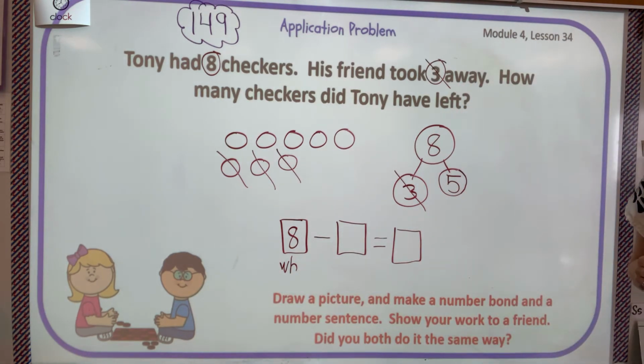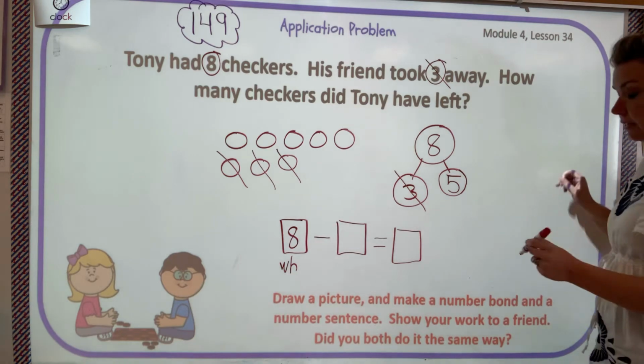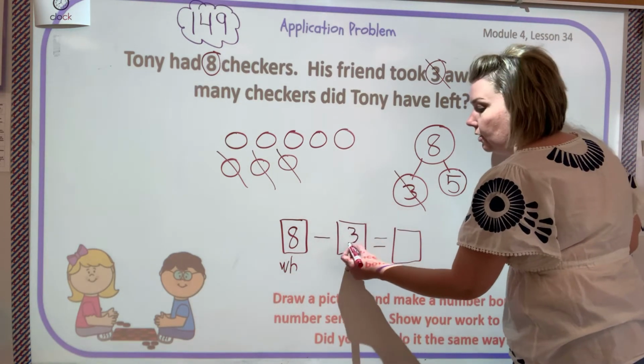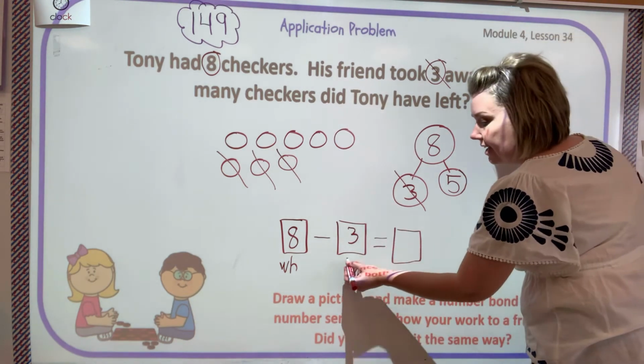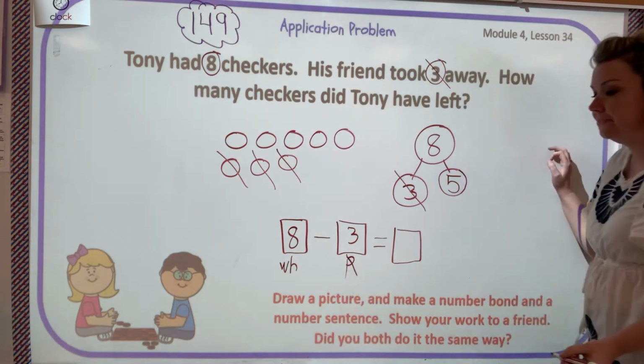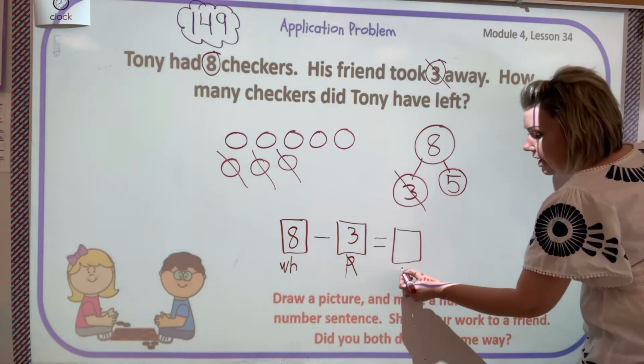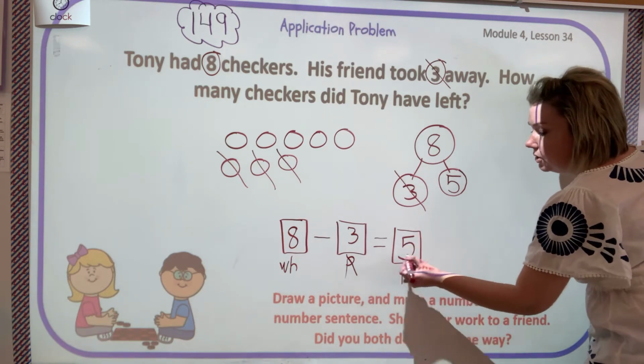What do I put in the second blank? Carolyn? Oh, Carolyn might be having trouble with her mute button. Oh, there you are. It's 3. 8 minus 3 equals... Oh, don't say what it equals. Okay. Very good. So the part that I took away goes here. And the part that I have left is our answer, or the total. 5.